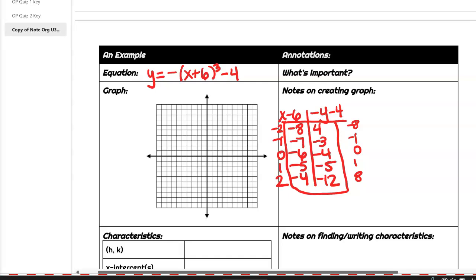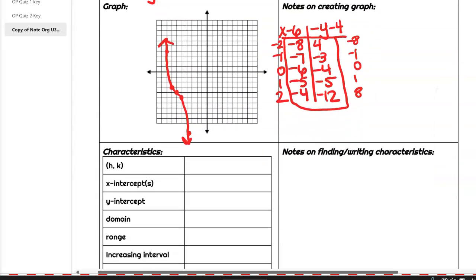Then I'm going to plot those points. The point -4, -12 is a little off my graph, but I can still understand where that is. And this is what my graph will look like.